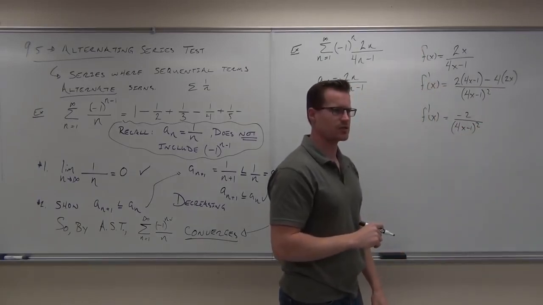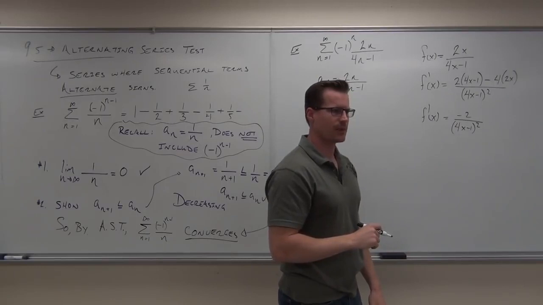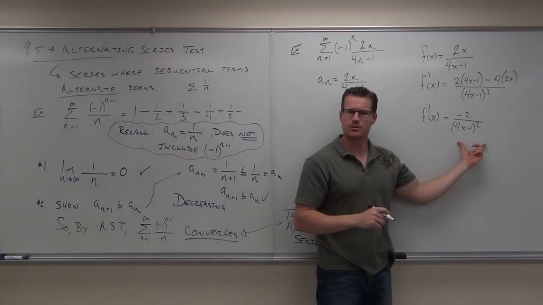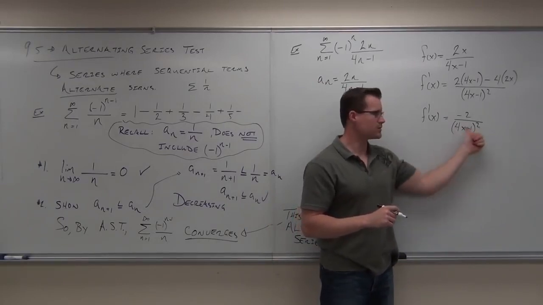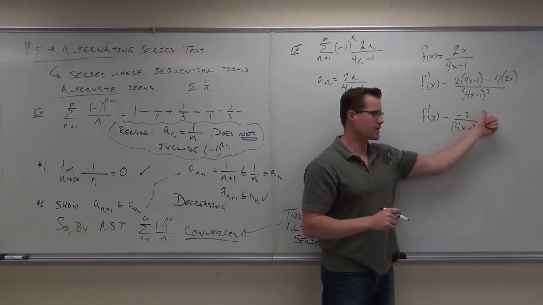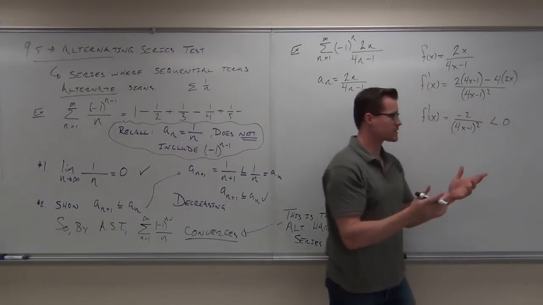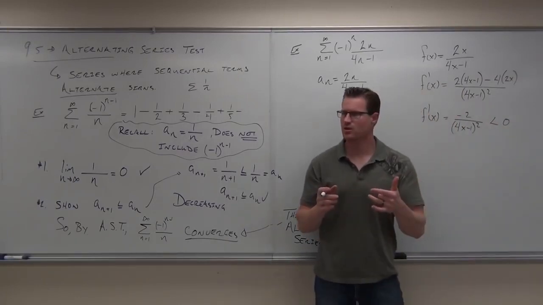If you did it, negative 2 over a bunch of junk? Yes. So, is this thing always negative? What do you think? Yes. Is this always positive? Yes. Is this always negative? Yes. Negative over positive is a negative. So this is less than 0 always. Therefore, if that's always less than 0, what's it tell you? It's decreasing.